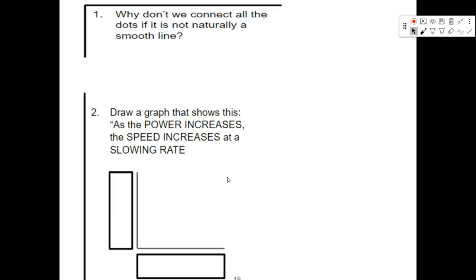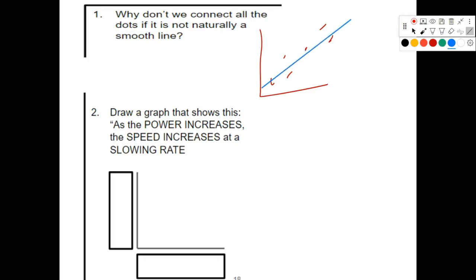All right. Why don't we connect all the dots if it is not naturally a smooth line? In other words, why do we draw a best fit line? If we have data that is not perfect, why are we drawing a line that kind of averages those?